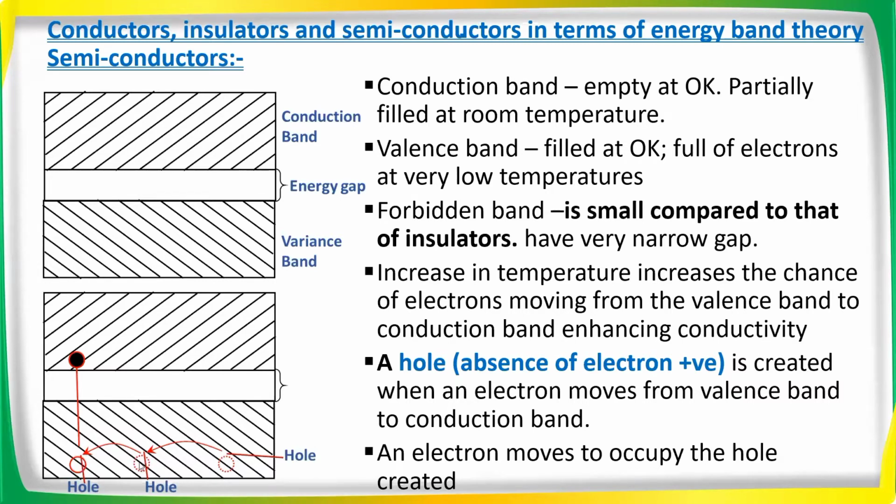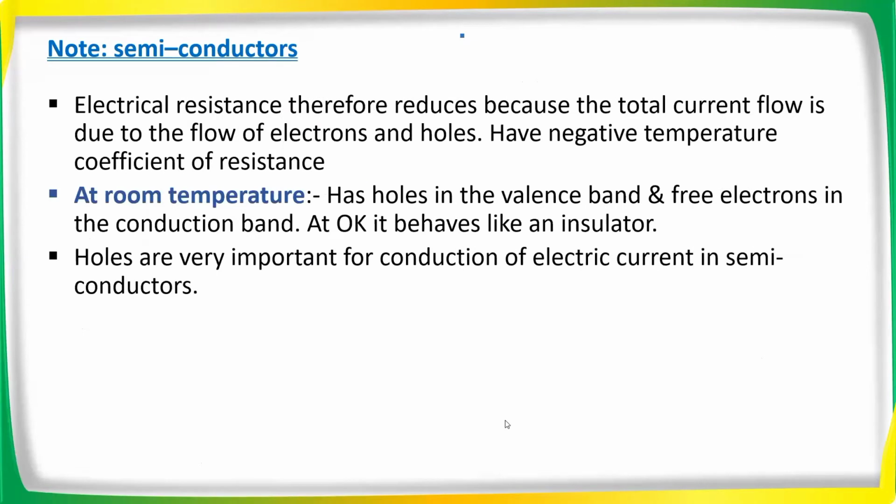The current is here being considered as a result of hole movement. The hole has been created, an electron has moved. So we are still having an electric current, but this one is being transmitted by the movement of holes. So here we have movement of holes in the valence band, and in the conduction band, we are having a movement of electrons. The electrical resistance will be reduced. Now we can have a current due to the flow of electrons and of course holes, meaning that when we increase the temperature, we lower the resistance in a semiconductor.